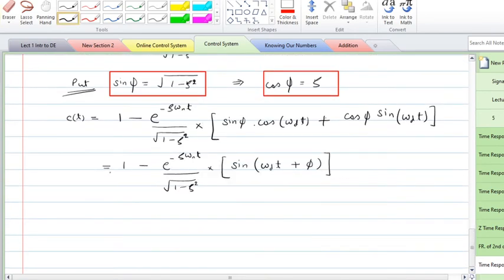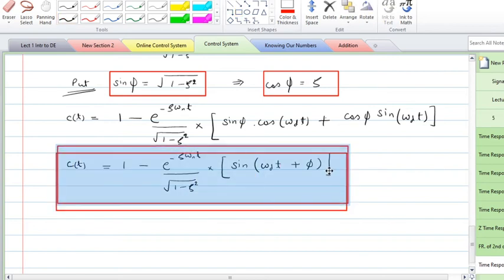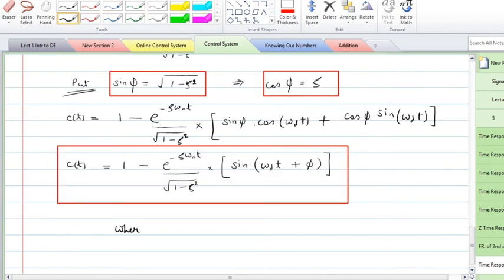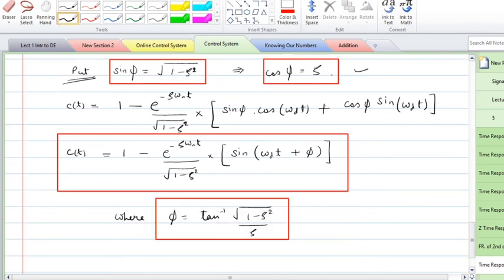Okay, so we get the final response of a second order control system when subjected to a step input as this one, where phi is equal to tangent inverse of under root of 1 minus zeta square divided by zeta. This is because from this equation and this equation we can easily get this response.